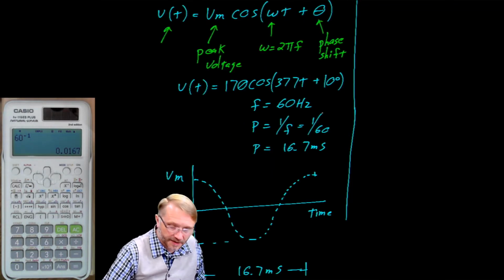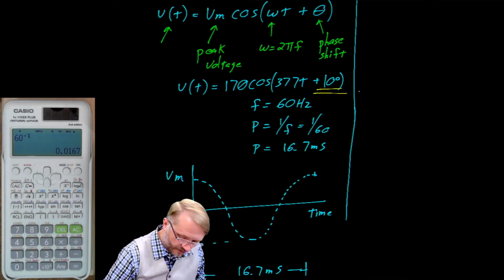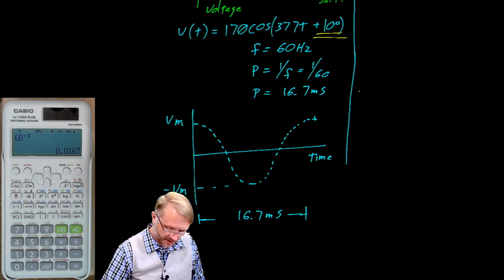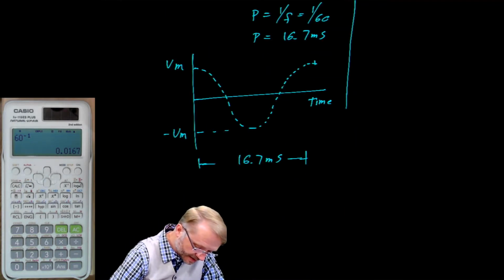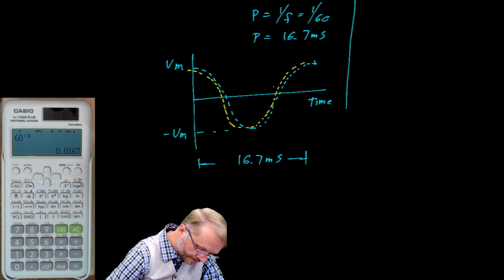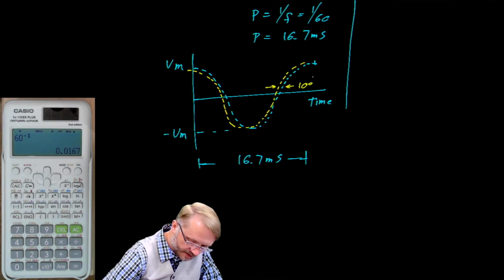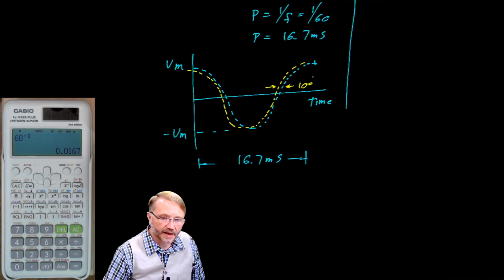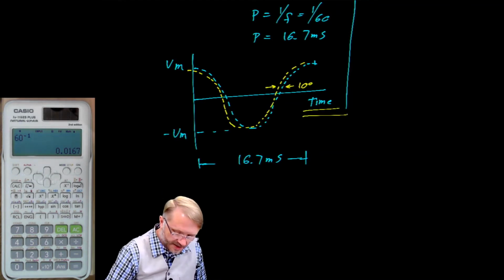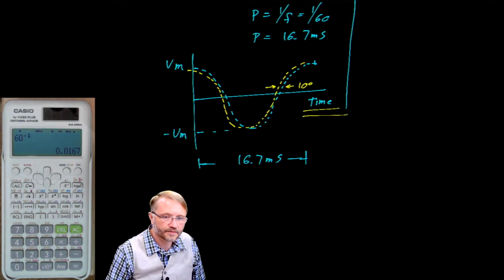But we're not finished yet, because this particular waveform has a phase shift of 10 degrees, which means the waveform will actually occur slightly earlier in time. So that difference right there is about 10 degrees. Again, this is what our time domain representation looks like.